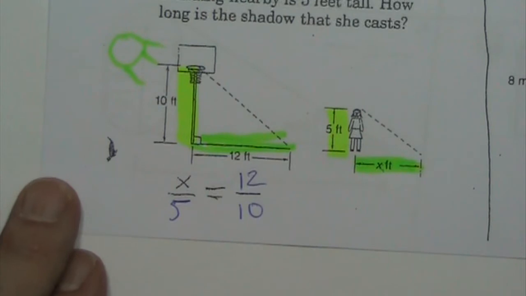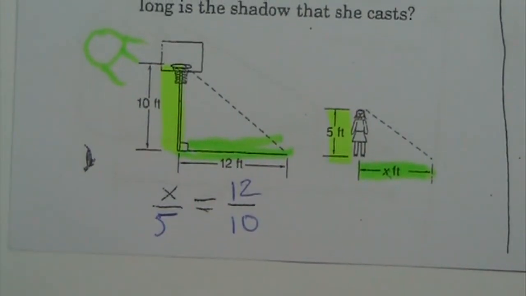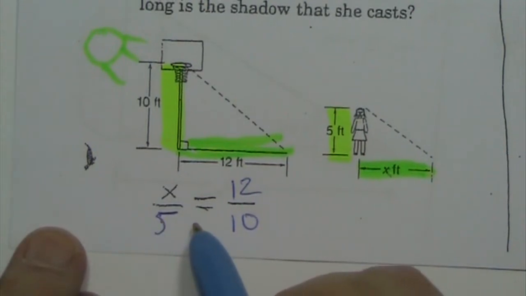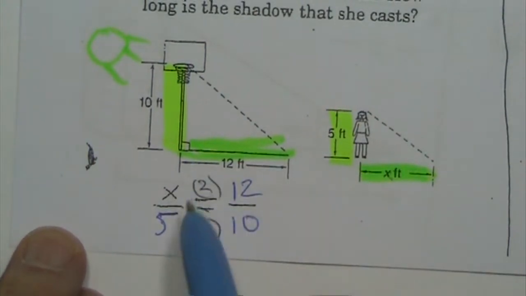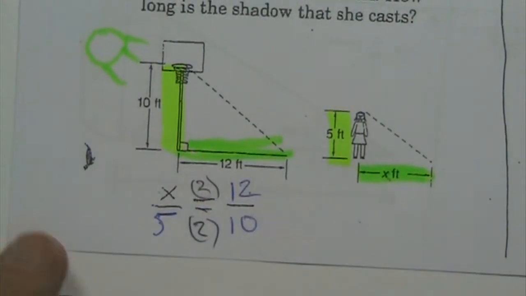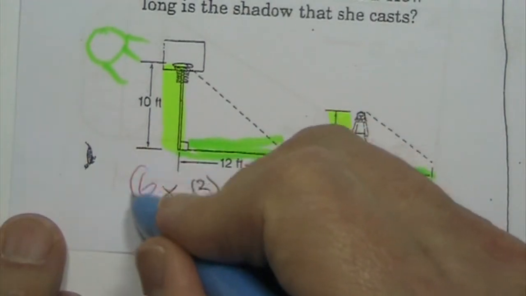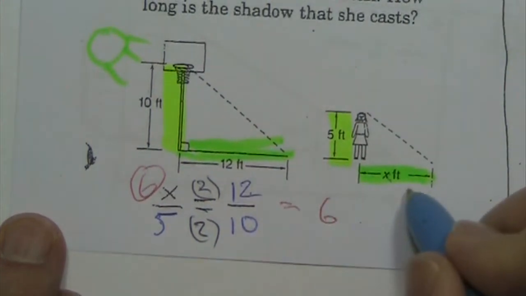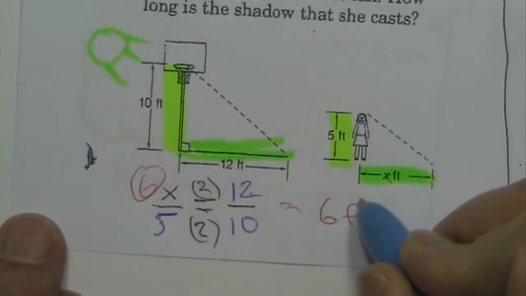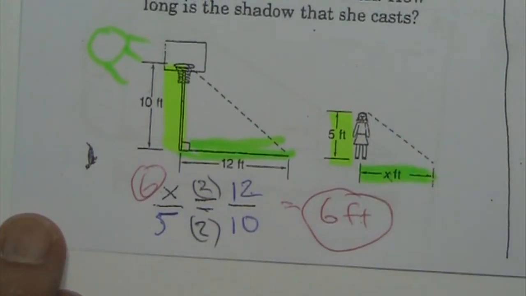And hopefully you can see the answer. Because notice that 5 times something is 10. 5 times 2 is 10. Something times 2 is 12. The answer would be 6. So our answer is x is 6. What's the units? Feet. So her shadow would be 6 feet long.